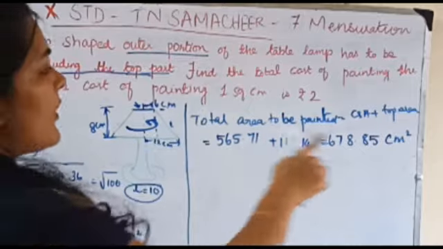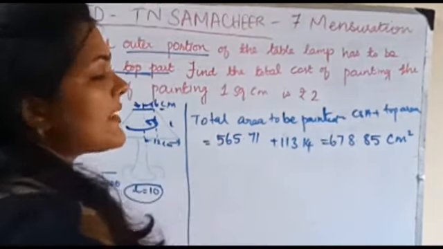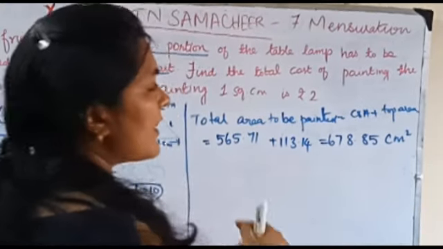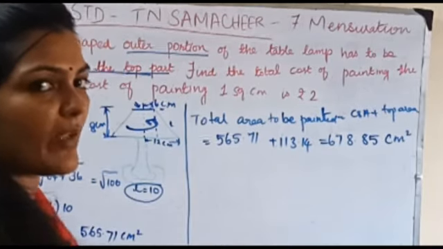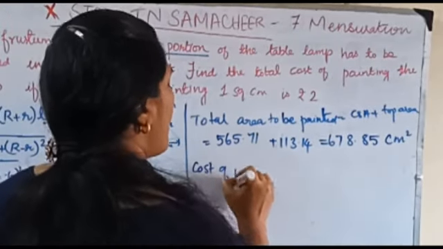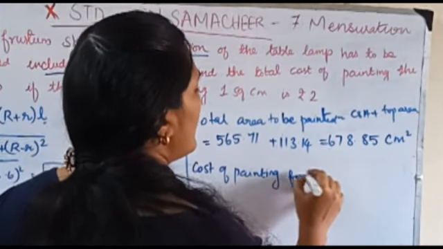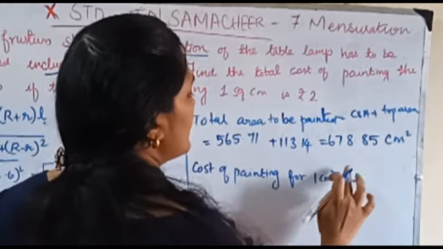Okay, well, for 1 square centimeter, rupees 2 is required. For 678.85 centimeters square, how much amount will be required? 678.85 into 2. Cost of painting for 1 centimeter square is equal to rupees 2.